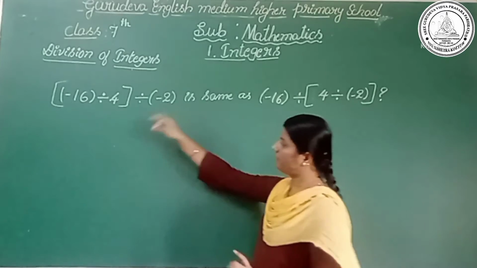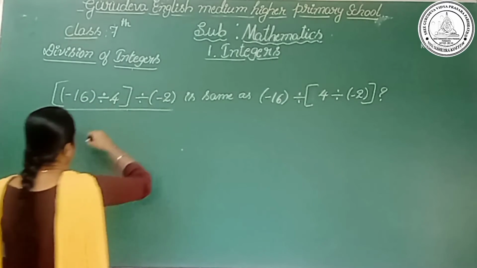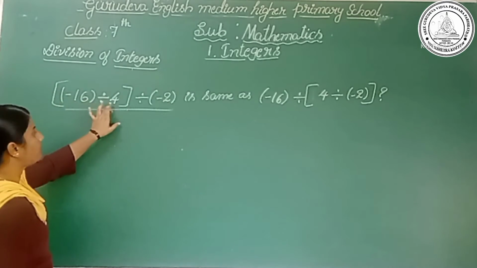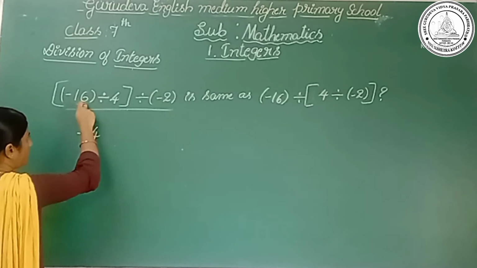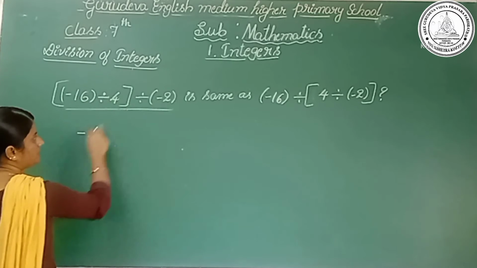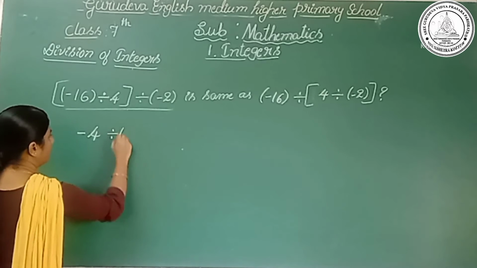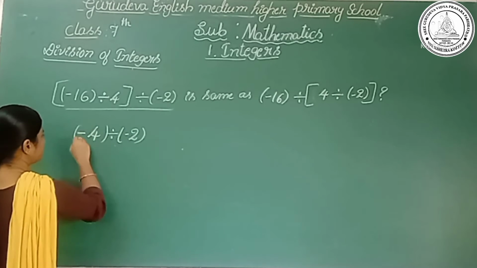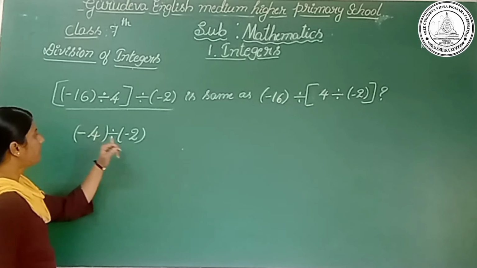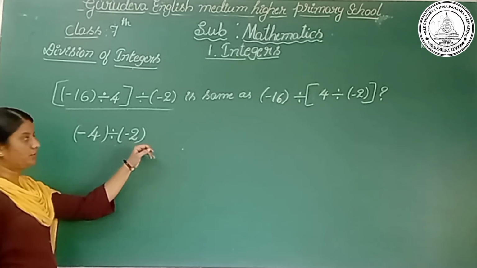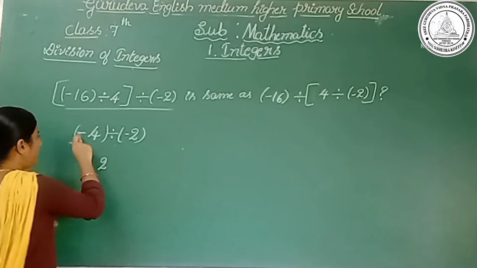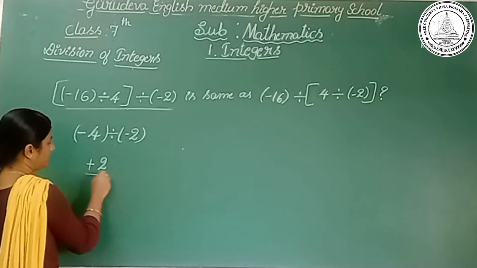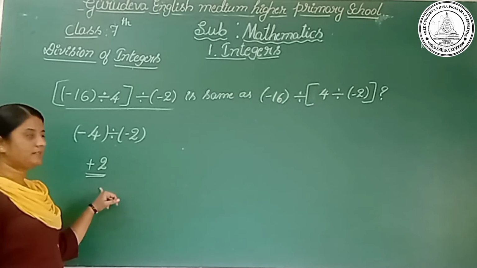First I will take this one. Minus 16 divided by 4 is minus 4, because 4 fours are 16, and minus by plus is minus. Then minus 4 divided by minus 2: 2 twos are 4, minus by minus is plus. So we will get the quotient as plus 2.